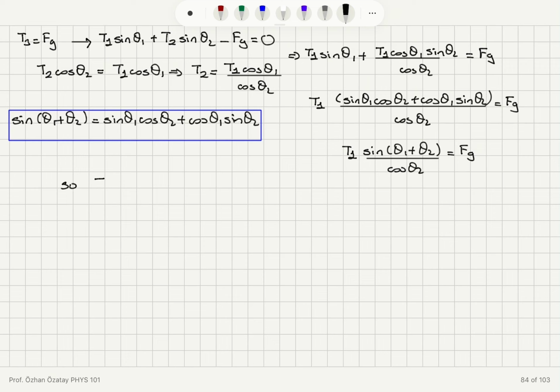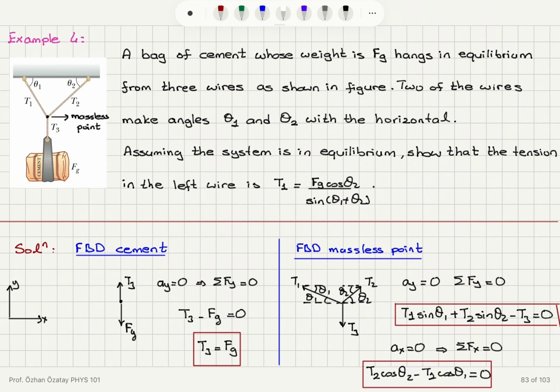So we can write T1 as the weight Fg cosine theta 2 divided by sine of (theta 1 plus theta 2). If we go back to the problem statement, look for the expression we were supposed to prove. That's exactly what was suggested in the problem statement.